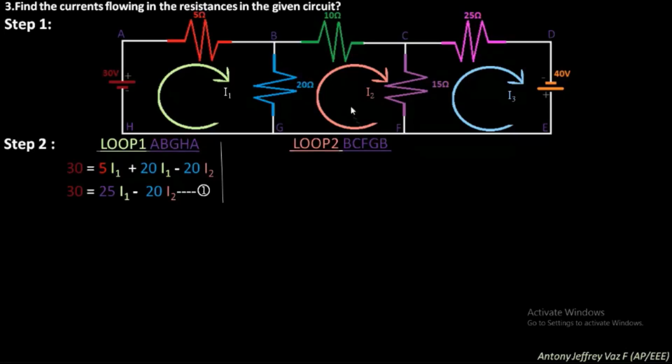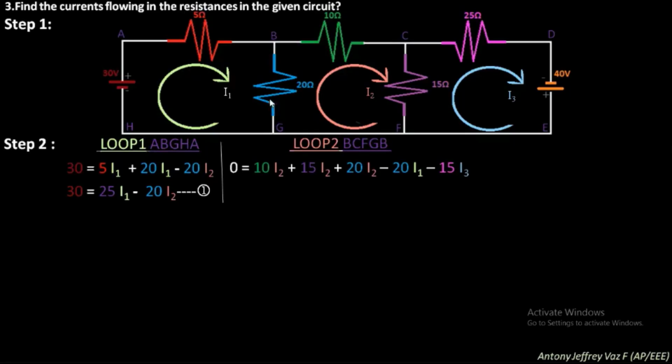Here it will be interesting. You will be getting three currents, I1, I2 and I3. How? First, you need to see whether there is any battery source available over this loop. Loop 1 has a battery voltage of 30 volt, and loop 3 has a battery voltage of 40 volt. In loop 2, do you have any battery voltage? All three are resistances. If there is no battery voltage, you put 0 volt.